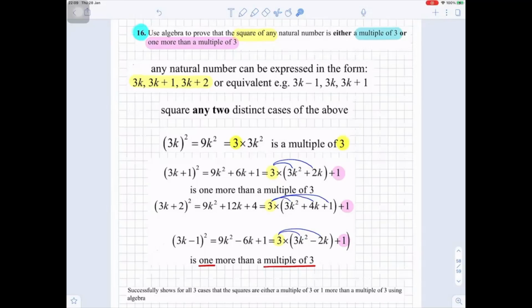So as long as you successfully show for all cases that the squares are either a multiple of 3, like the first one, or 1 more than a multiple of 3 using algebra, you get your multiples of 3, and then you add 1. So that's what 1 more than a multiple of 3 is.